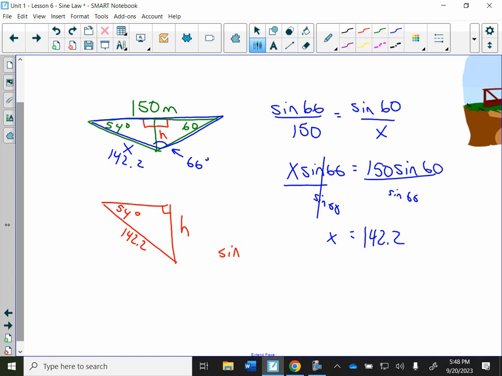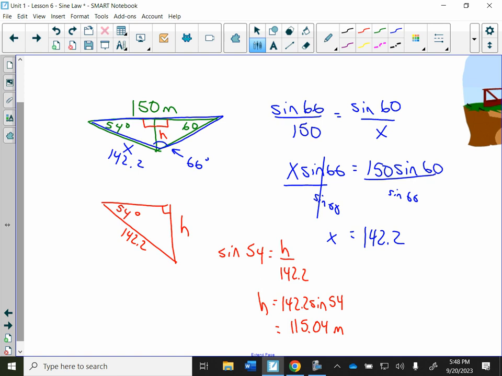And not a sine law, but a simple sine of 54 equals opposite over hypotenuse, which is a simple cross multiply kind of question, which I can put in my calculator. 142.2 times the sine of 54 is, I got 115. It's actually 115.04. And that's how deep the valley is.